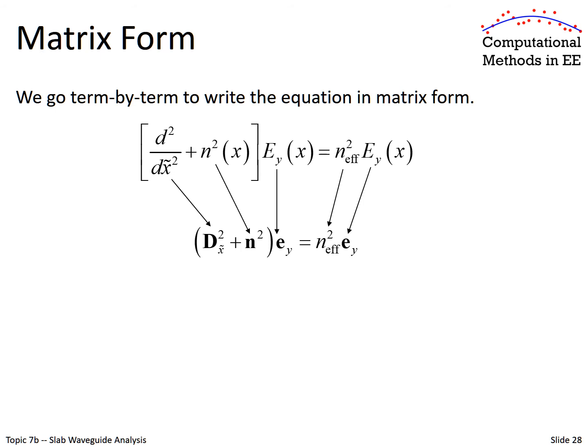Well, the second order derivative becomes a square matrix, calculating a second order derivative across the grid. And this refractive index is doing a point-by-point multiplication. So that becomes a diagonal square matrix where the refractive indices in the cross-section of our slab waveguide are stored along the diagonal of a matrix. And of course, our eigenvalue is stored just as a constant. But we now have a matrix eigenvalue problem.